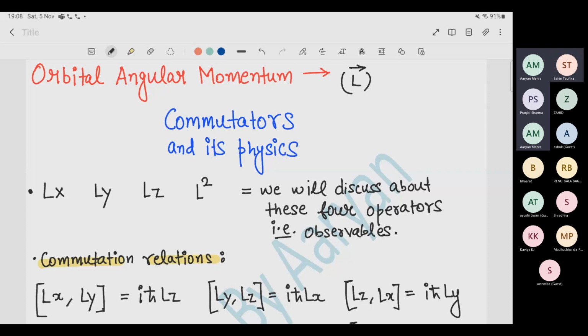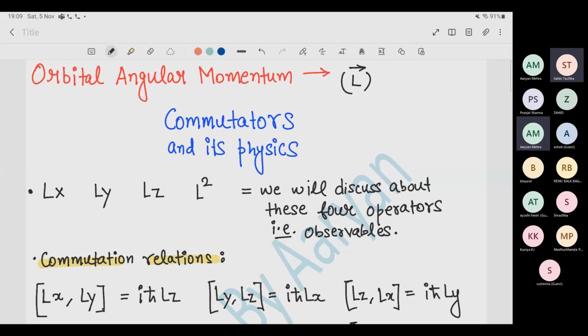Maybe because Lx can take negative values? No, let it take negative values, what's the problem? L square is the magnitude of L, so a square root comes in.